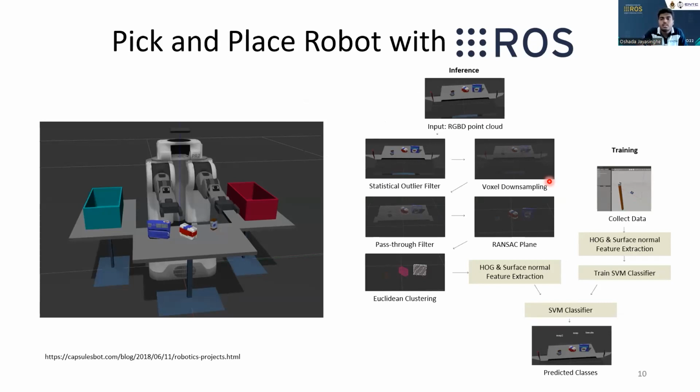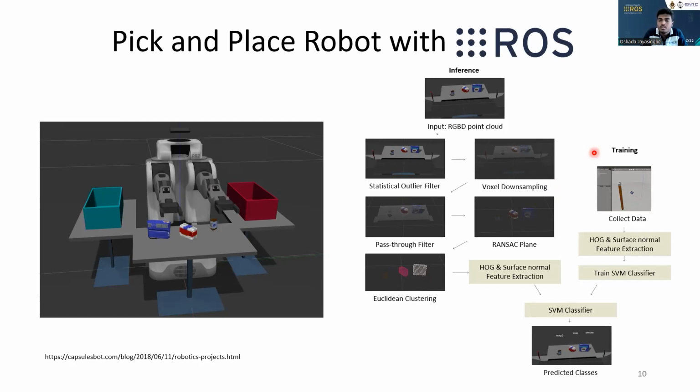For doing that, the methodology uses training, and the data collection part is there. It gathers different kinds of objects, and then a HOG and surface normal feature extraction step is done to identify different features in those objects. Features can be things like edges, corners, and blobs.